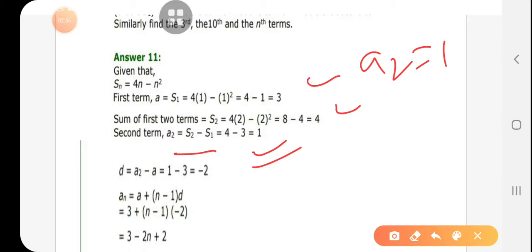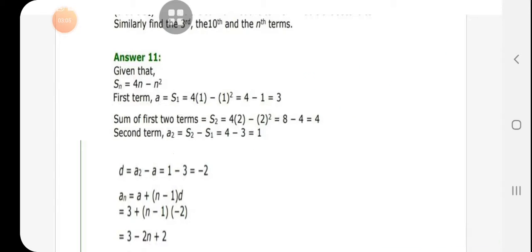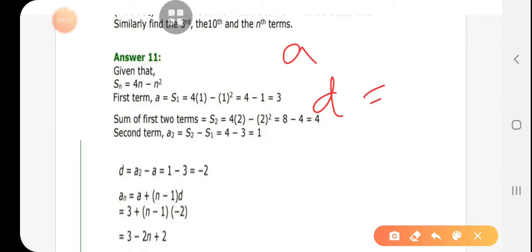Next, we will find the nth term. If we know the nth term, then we can find any term, that means the third term and tenth term also. So for the nth term, we need a and d. Here the first term is already 3, and for d, we know that it is the difference between two consecutive terms, so it will be a2 minus a1.